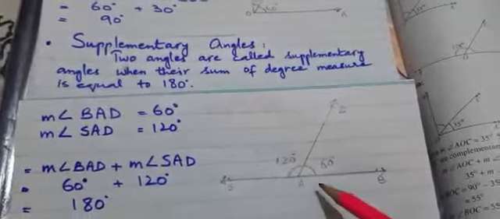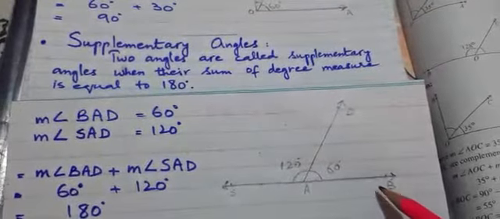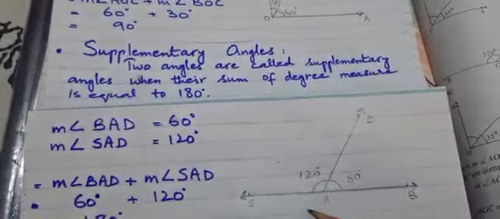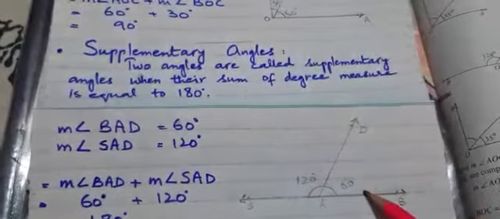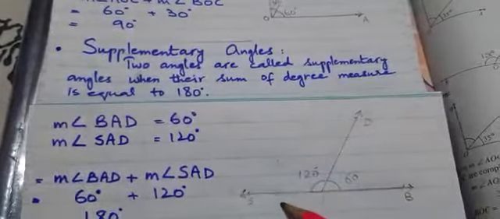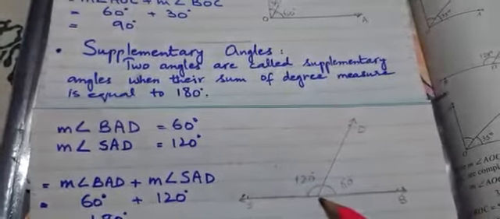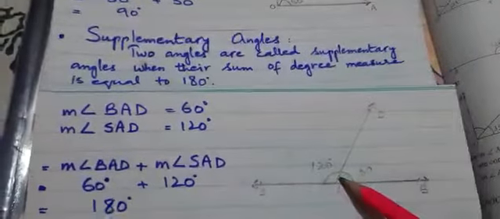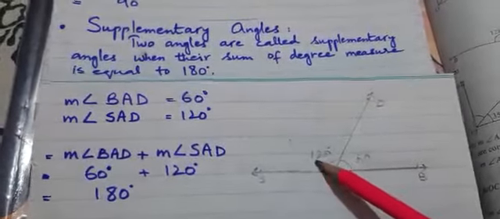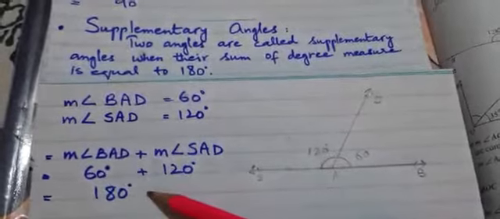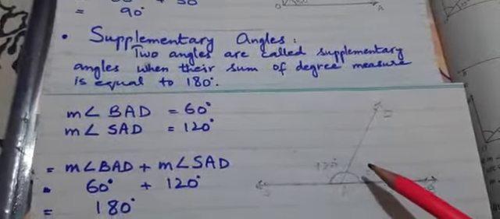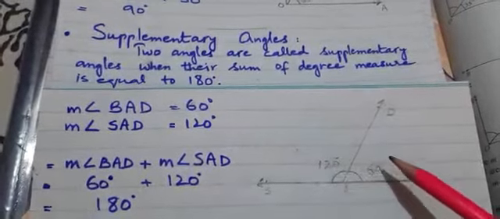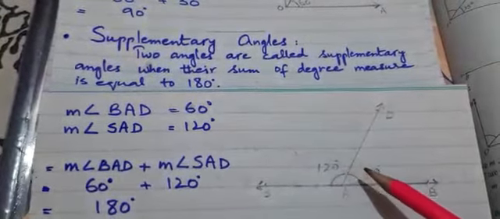Here in this example we can see we have two angles, angle BAD, which is 60 degrees, and another angle, angle SAD, which is 120 degrees. And students, when we take the sum of these two angles, it is equal to 180 degrees. So that is why they are called supplementary angles, because the sum of their degree measures is 180 degrees.